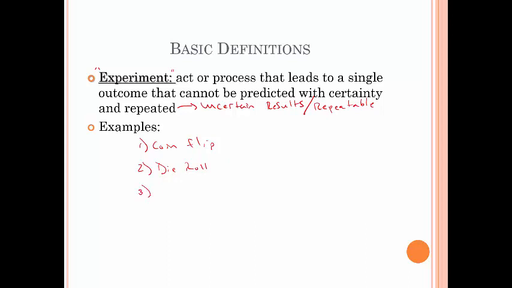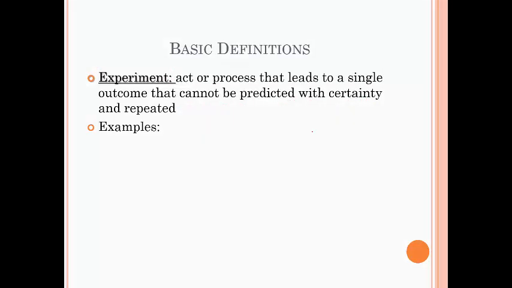And then it could be other things too, like drawing a card from a deck of cards. You can draw a card from a deck of cards, maybe get a queen of spades, whatever, and then you can put the card back into the deck and immediately draw it again. Okay, so we're going to be performing these experiments in probability.